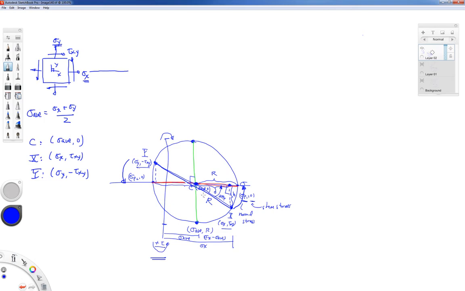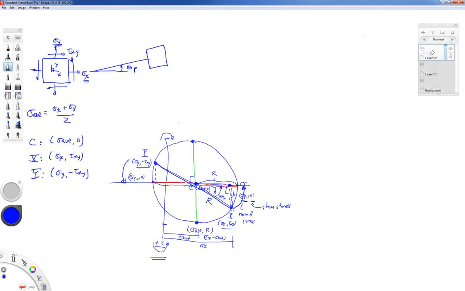At the same time, it just rotates, spins about this point. As I do that rotation, I'm going through the angle of 2 theta on the circle in a counterclockwise sense. So I'm going to come over here to my x-axis, and I go counterclockwise, but the angle is 2 theta p. And I get to my principal stress state.